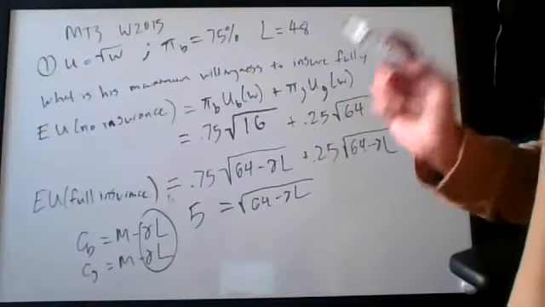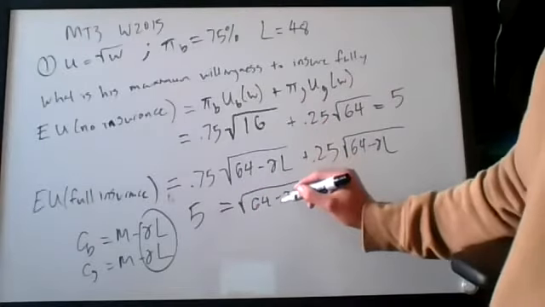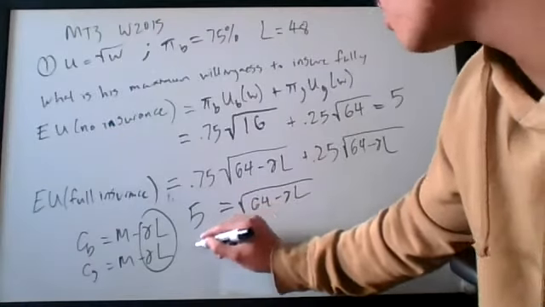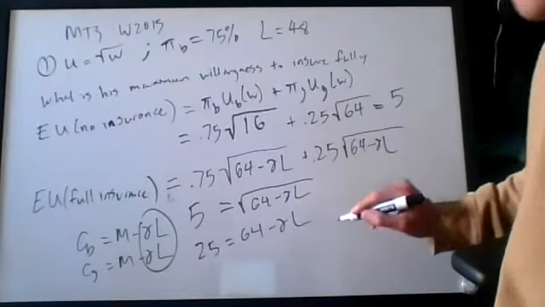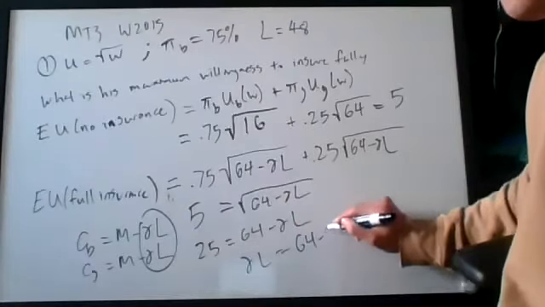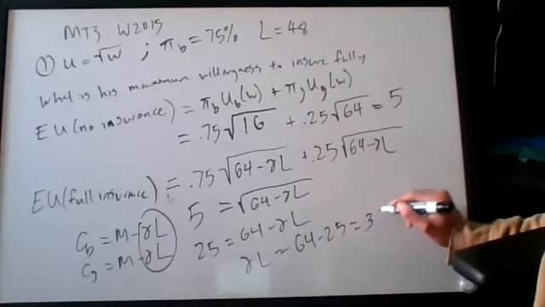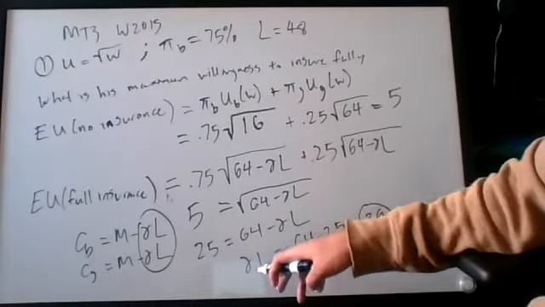So to find gamma L, we just take the square of both sides. And so we get 25 is equal to 64 minus gamma L. And so gamma L is equal to 64 minus 25, which is equal to 39, right? So this is how much this person is willing to pay to fully insure.